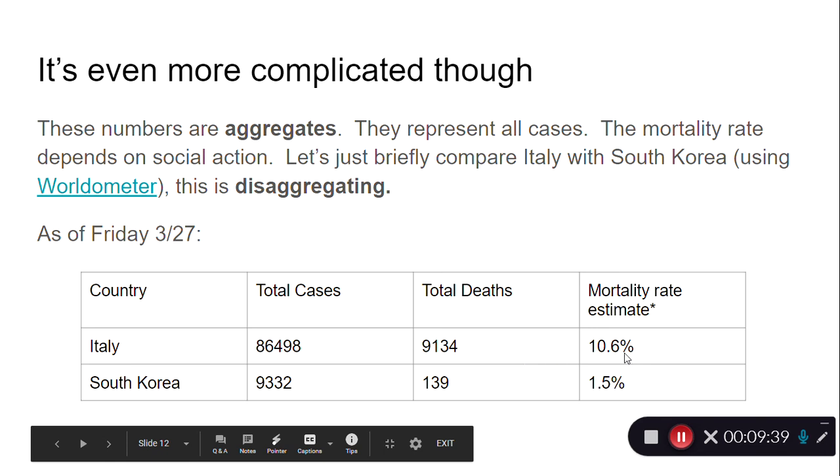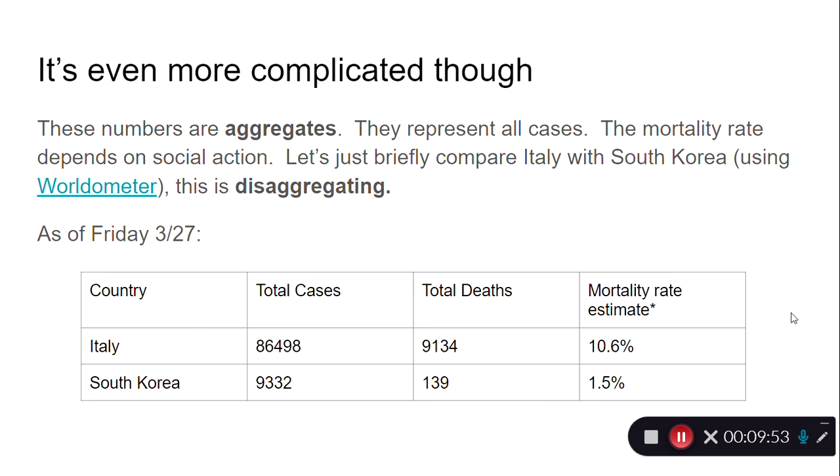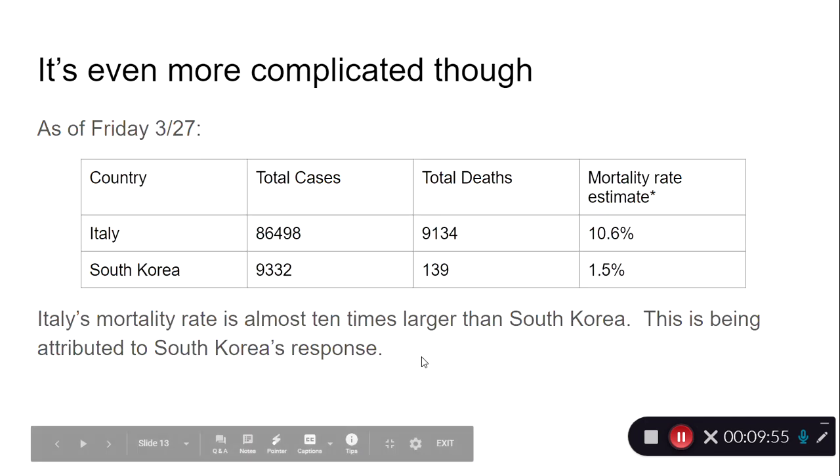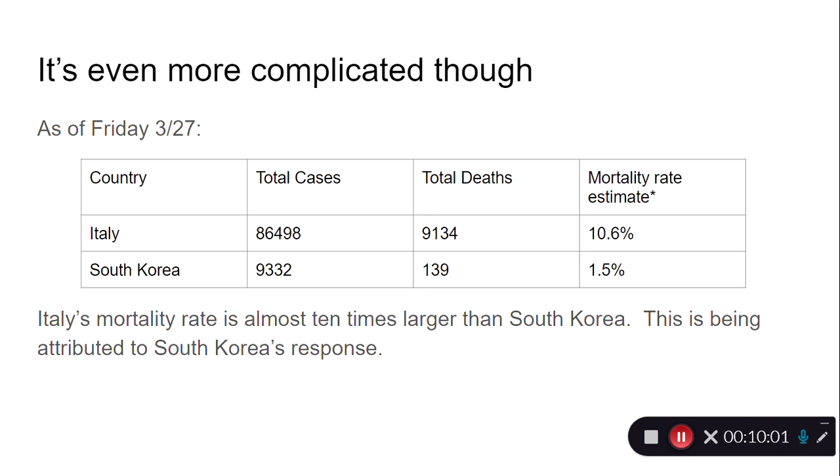The mortality rate in Italy, just doing this simple division here, is 10.5%, while it's 1.5% in South Korea. This is almost a factor of 10 difference. And it's being attributed to the response of South Korea. South Korea is extremely aggressive with testing and quarantining, and Italy wasn't, and that is likely the difference between these two situations.